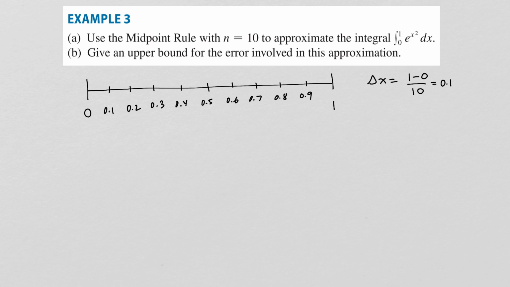Now, we need the midpoints. The midpoint of this first subinterval is going to be 0.05. The midpoint of the second interval here is 0.15, and then 0.25, 0.35, 0.45, etc.